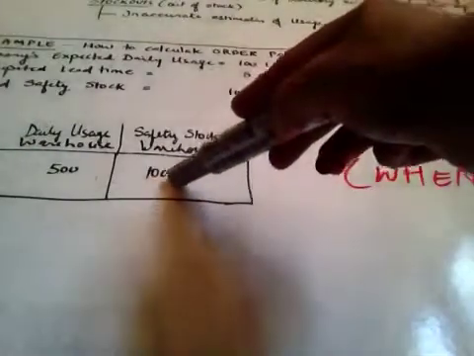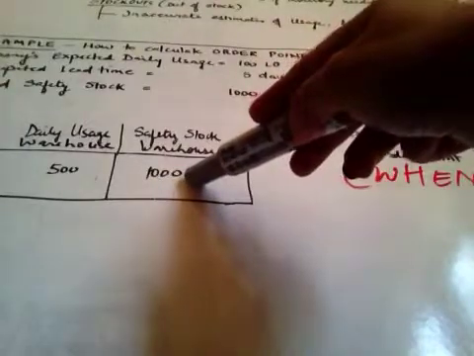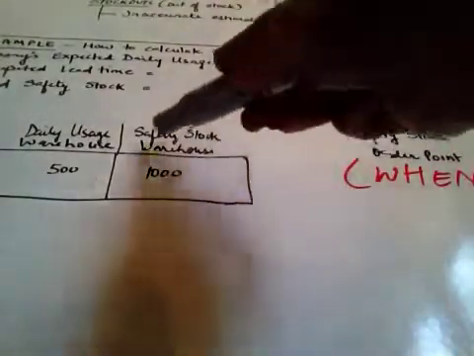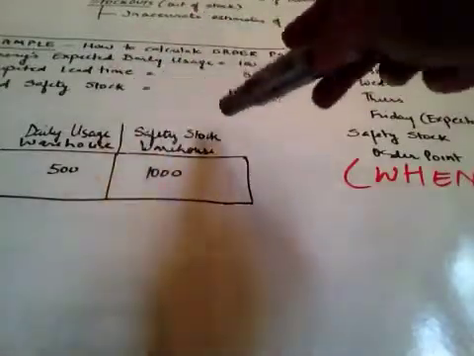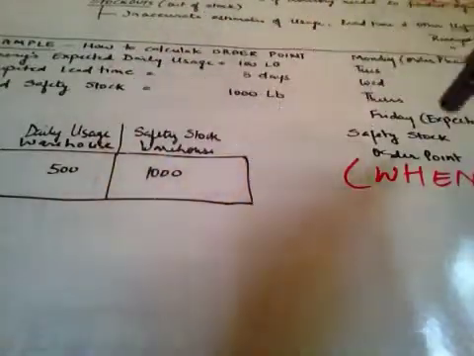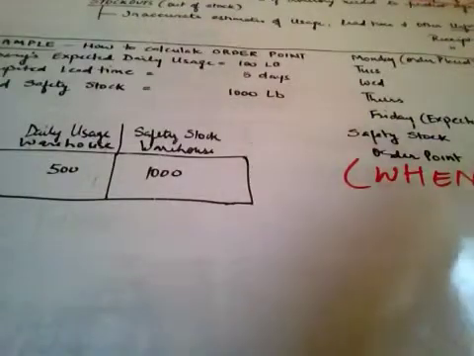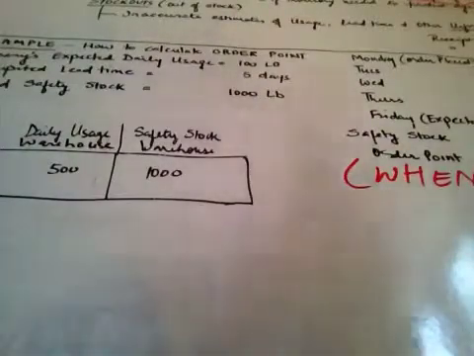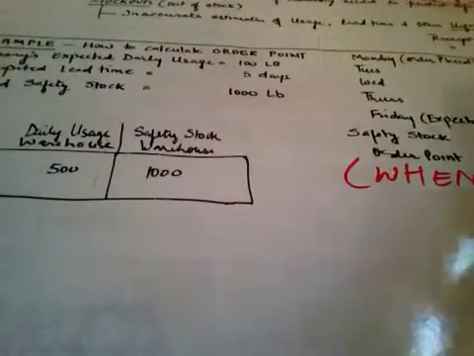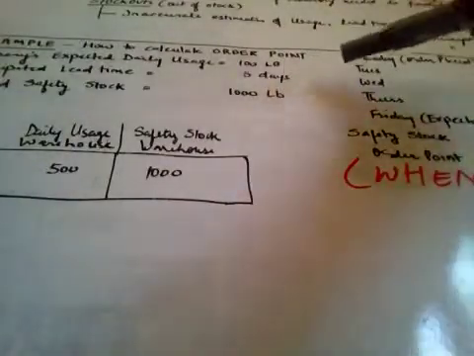They're going to take out the material from the stock for those 3 days, which is 300. So there should be a sufficient amount of material in the safety stock, so if any mishap happens, the work should keep going on. That's how they calculate the order point.